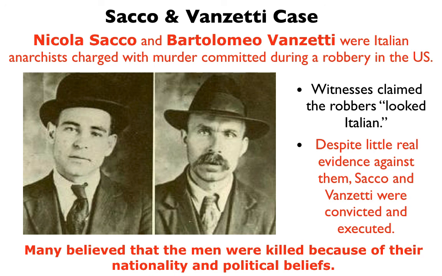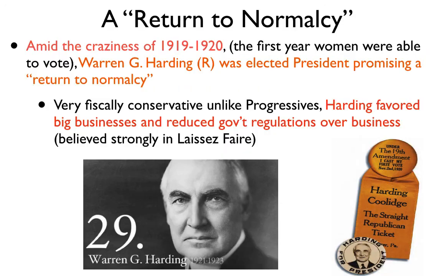They put them on trial and convict them, even though, like I said, there was virtually no evidence that it was actually them. But because they're immigrants and because they had been loosely tied to radical groups, they put them on trial, found them guilty, and executed them. That just shows how, because of the Red Scare, it gets taken out on immigrants.